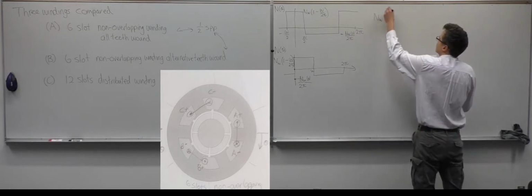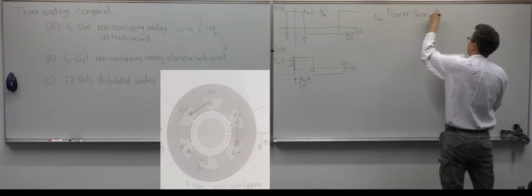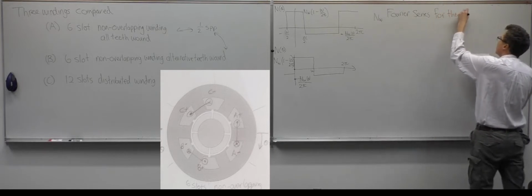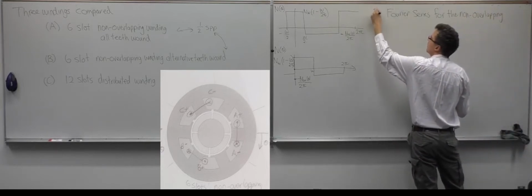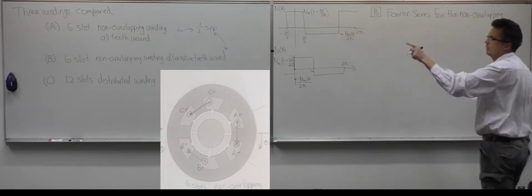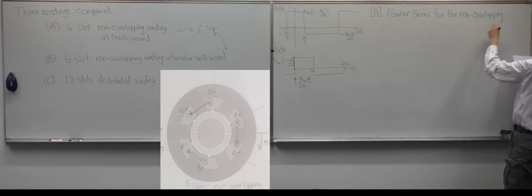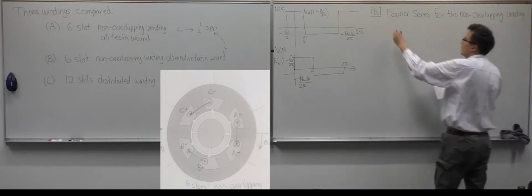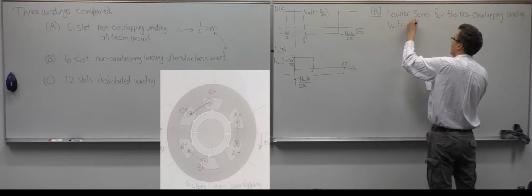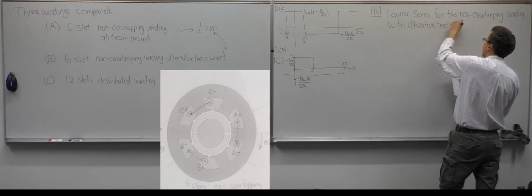So the Fourier series for the non-overlapping winding with alternative teeth wound. I'm doing B first, and then actually we'll be able to get A quite easily.